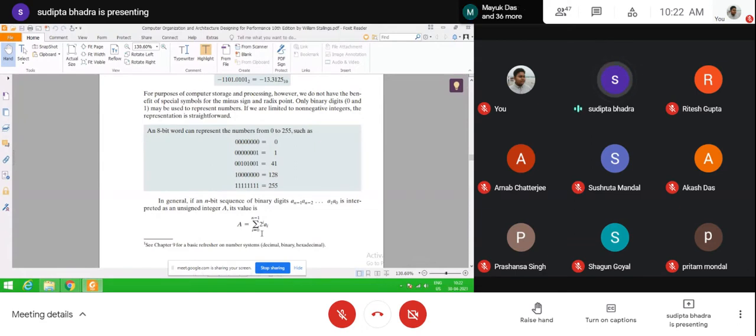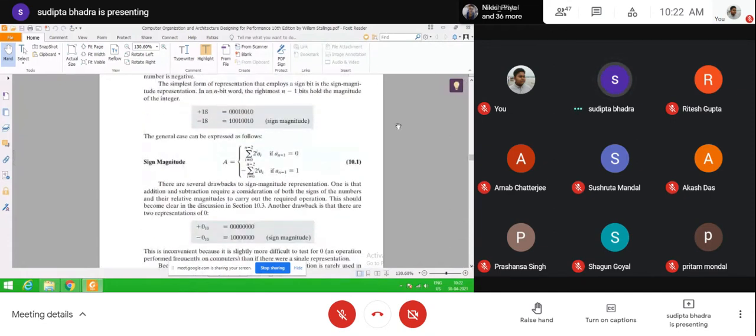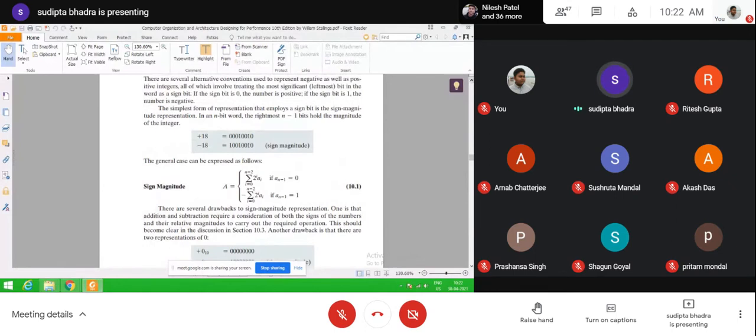If it is an unsigned integer, then it is easy to represent. If it is a signed integer, meaning there is a minus sign, then there is a particular integer representation, signed magnitude.